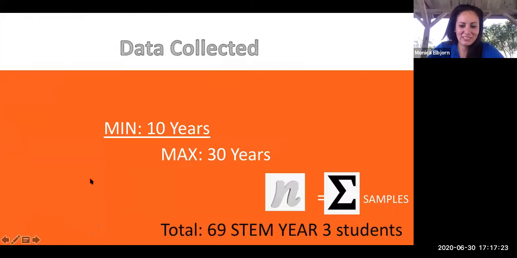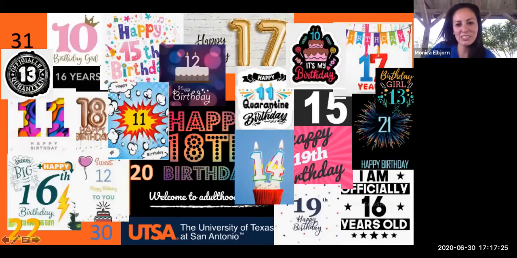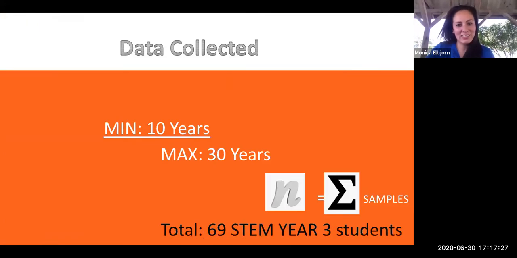From the questions that I asked you, or the data that I collected, I found out that the minimum age in our group is 10 years. And the maximum, counting me, don't ask how many years I am, is 30 years. If we got a sample collected from the STEM group, this will be another sample.